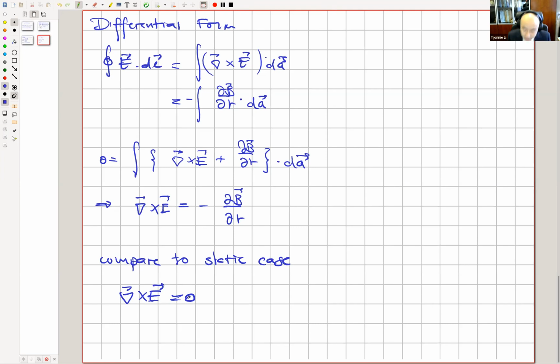Now, let's visualize this field. Imagine that we have some B field going down or up, it doesn't matter, and I change it over time.